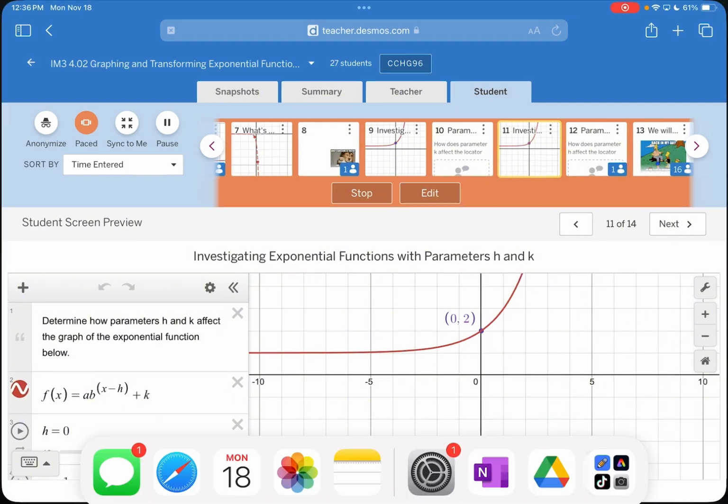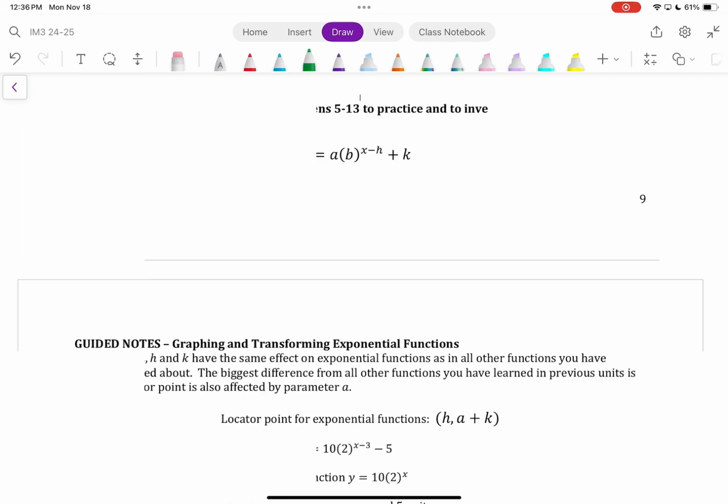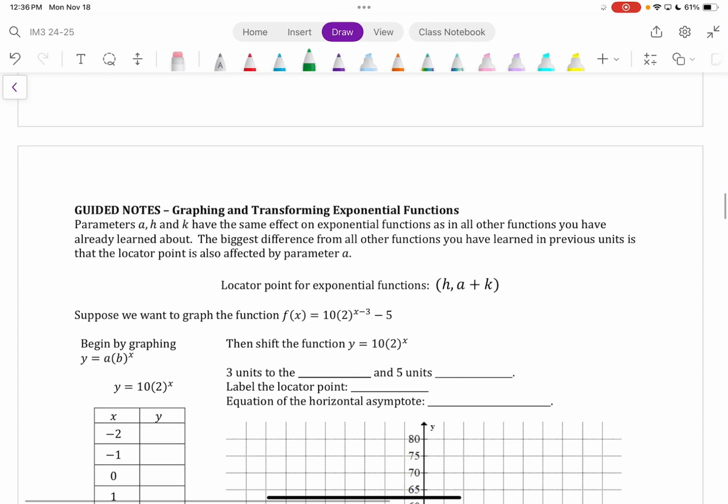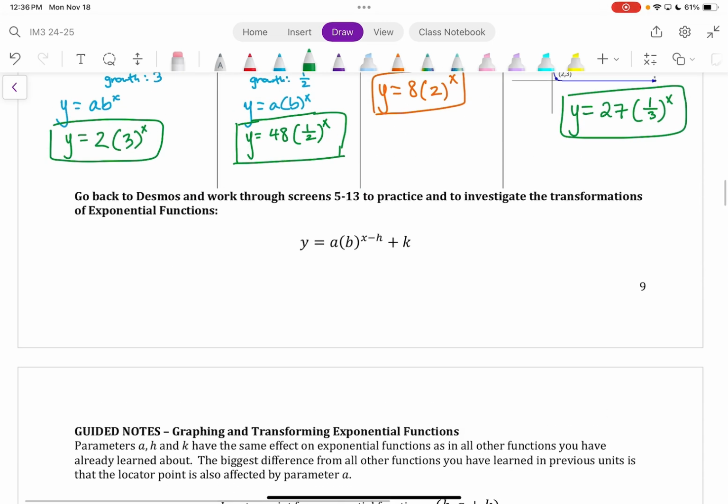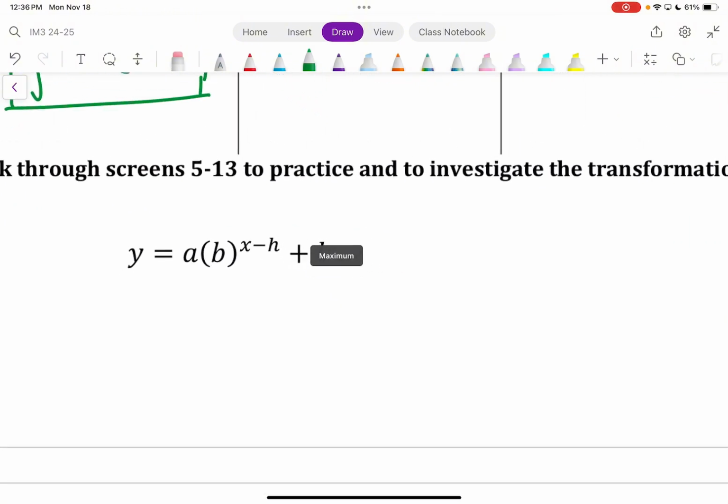So let's go back to the notes then and write a few things down. Once again, I'm just going to write some stuff here on the side. Please feel free to write this down as well. We talked about how a is not only your starting value, but it is also responsible for the stretch factor, or the vertical stretch factor.